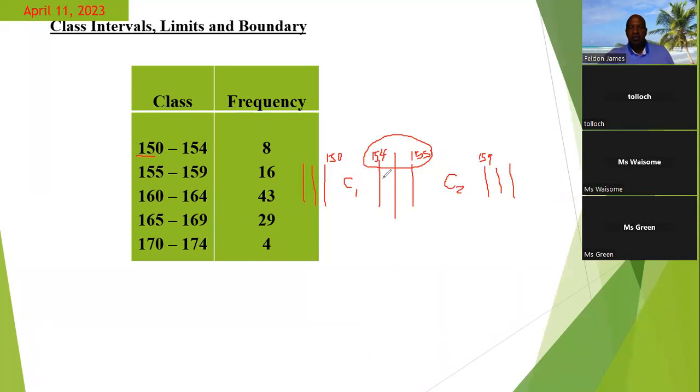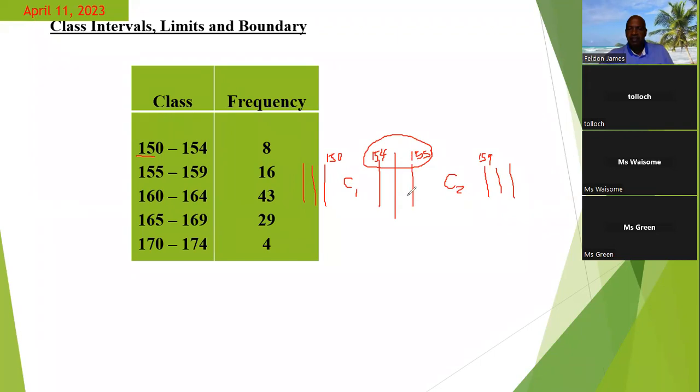So if you were to use a calculation method to calculate that, what would you do? What you would have to do is to add the two limits and then divide by 2. So if you add 154 plus 155 and divide it by 2, you will get 154.5.